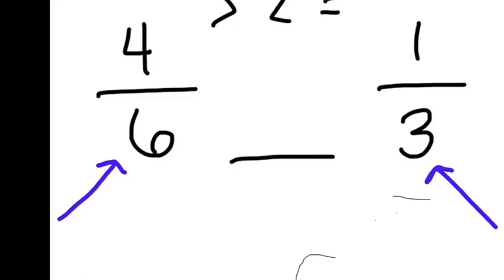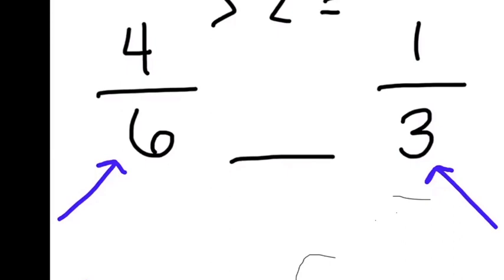And now I'm going to go back to my original problem. I had 4/6 and 2/6, right? All I need to look at is my numerators now, right? I know my pieces are the same size, but I want to see how many pieces I have in this one and how many pieces I have in this one. What is bigger, 4 pieces or 2 pieces? Show me with your fingers. 4 pieces is bigger than 2 pieces.